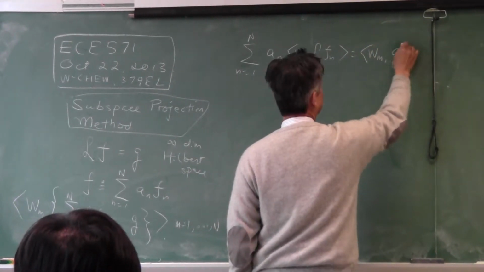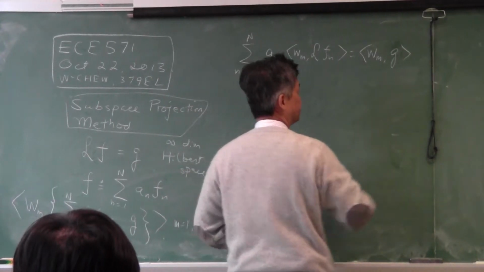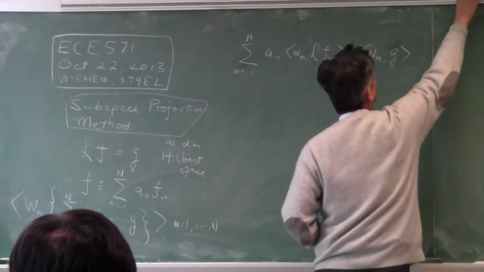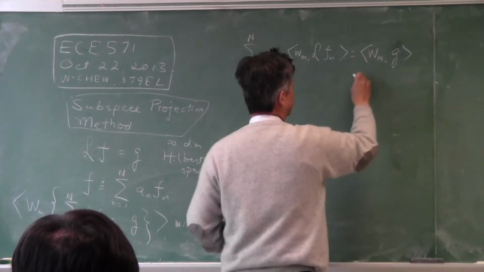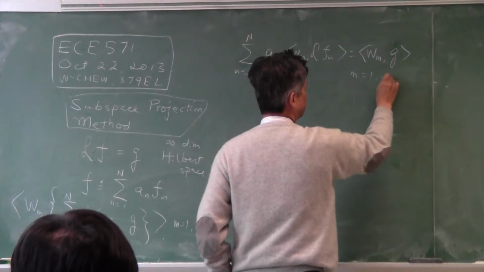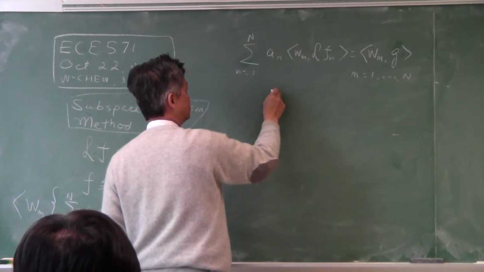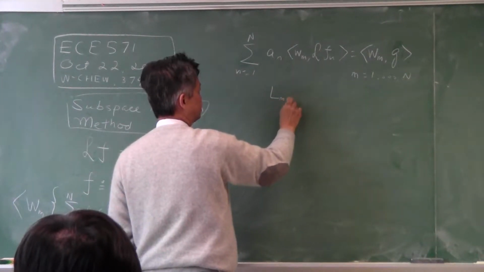This is G. And we choose m to be 1 to N, so that finally this is a square matrix system.